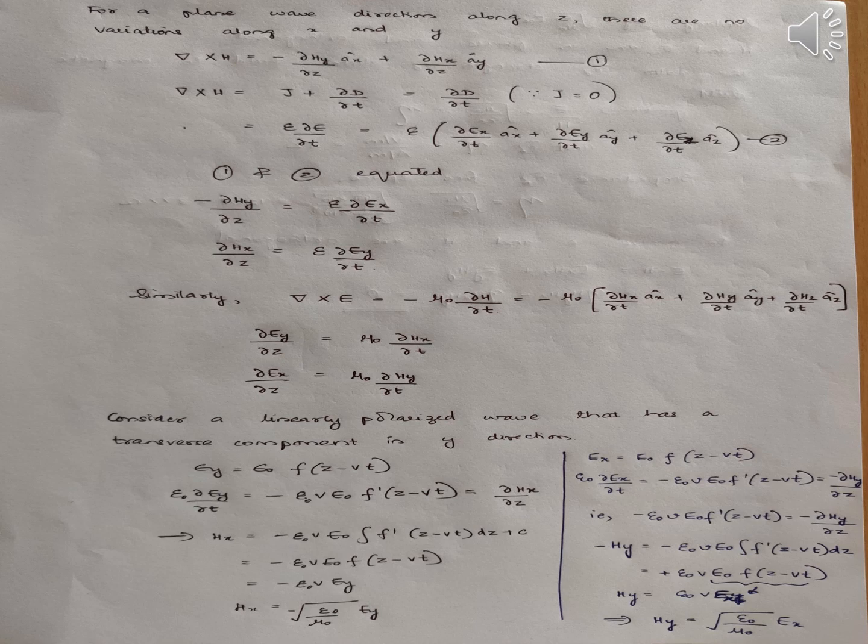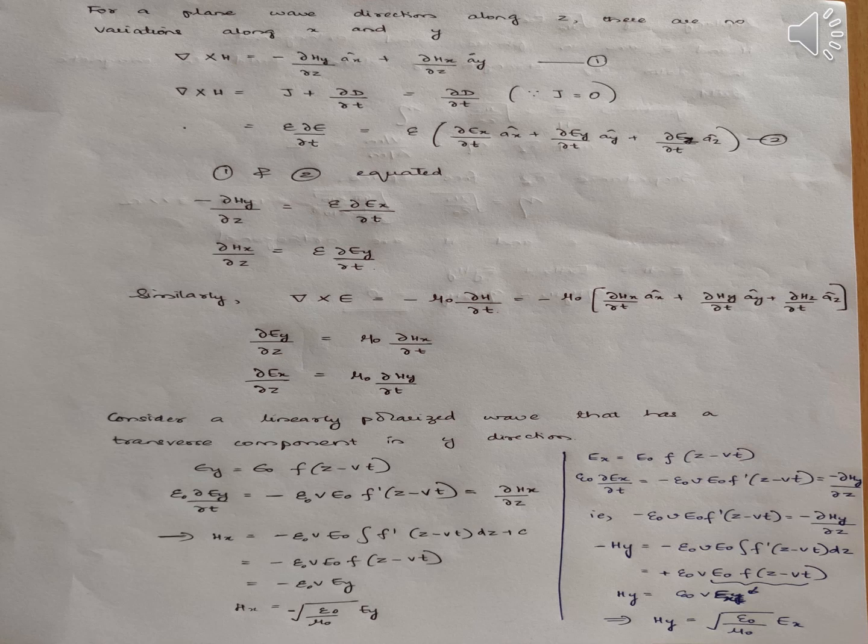And I have written that this is equal to dou Hy by dou z. So from that, how can I find Hy? Minus Hy is equal to, if I integrate the left hand side, I'm going to get an expression for Hy. What happens when you integrate this? I'm going to get epsilon naught V E0 f, where f dash becomes f of z minus Vt.